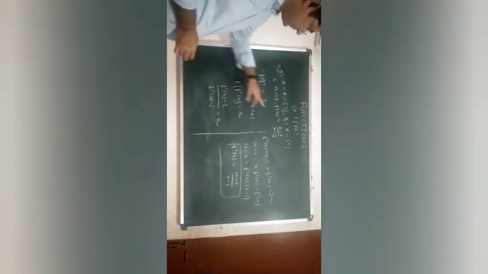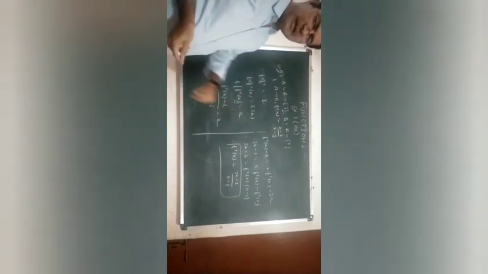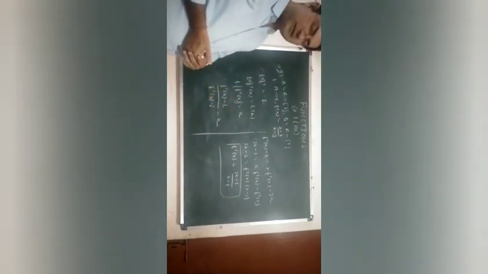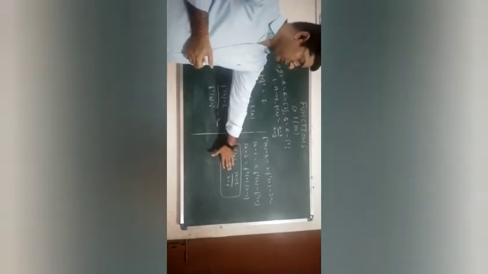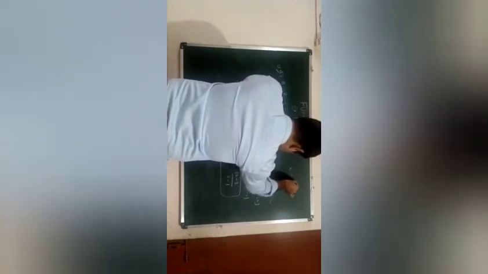An easier method is to put f of x equal to y and make x the subject. After making x the subject you will get a term like this: x is equal to (3y minus 2)/(y minus 1).